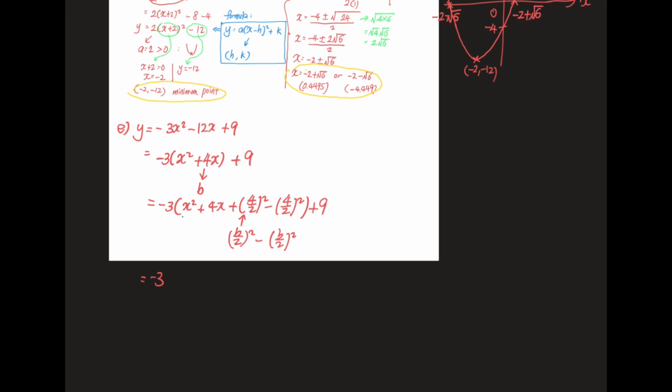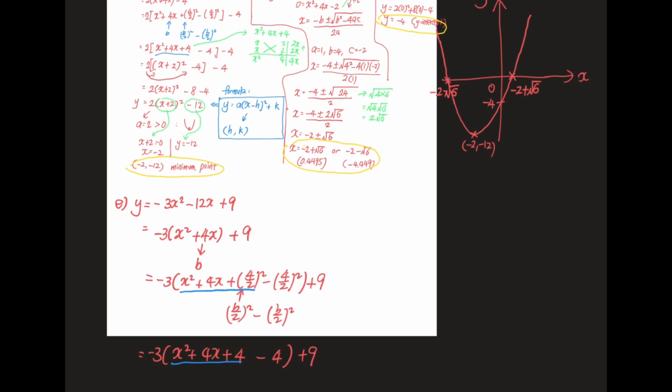Same like the previous question, these three terms are going to be a perfect square. So x squared plus 4x plus, we count it out, 4 over 2 is 2, 2 squared is 4. So that is where we get 4. And then minus 4, then plus 9.